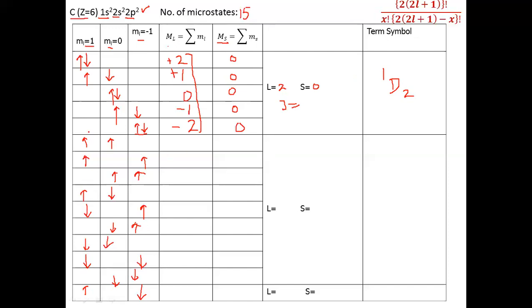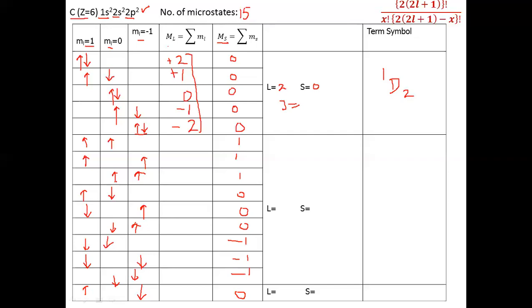Now let us see for this. Let us first calculate MS: half plus half, 1; half plus half, 1; half plus half, 1; half minus half, 0; minus half plus half, 0; minus half plus half, 0; minus half minus half, minus 1; minus half minus half, minus 1; minus half minus half, minus 1; plus half minus half, 0.